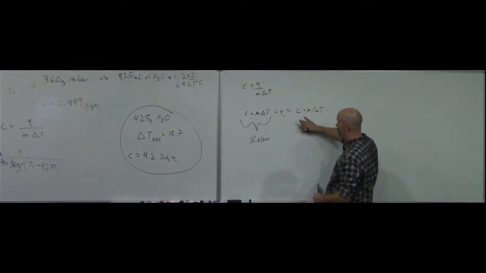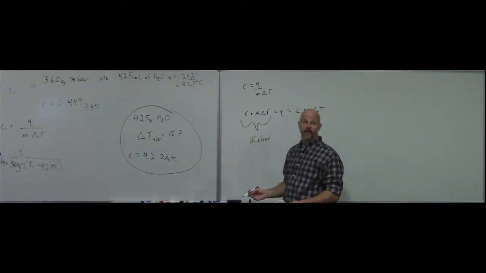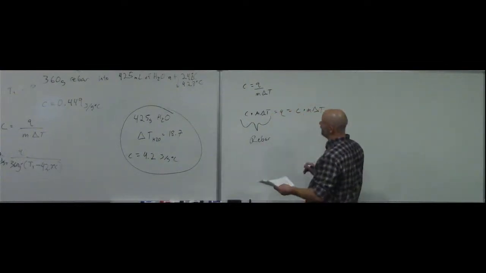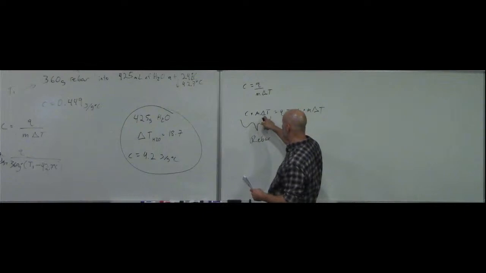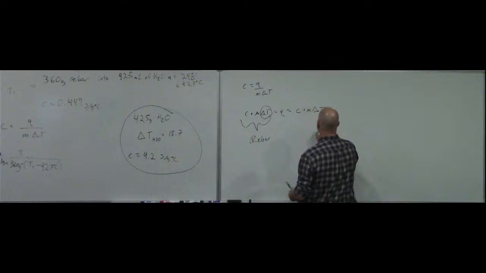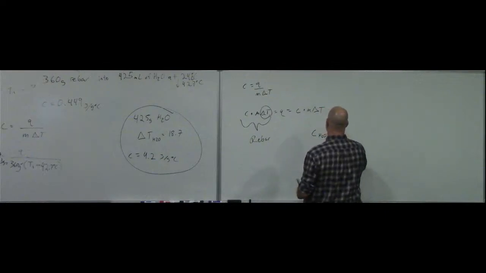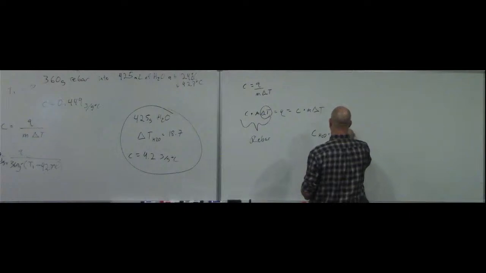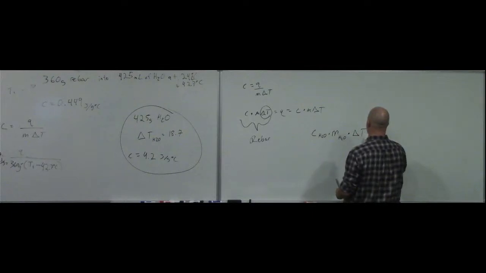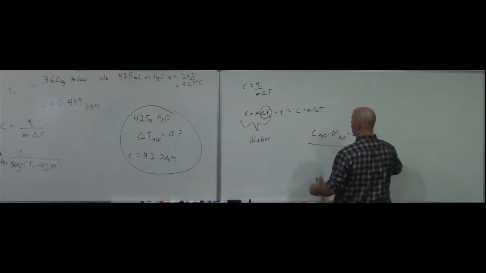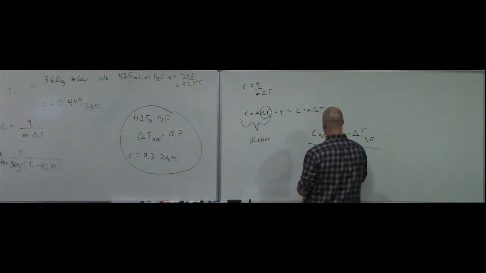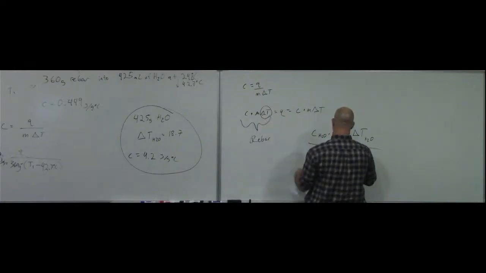Now I can solve it for water and plug back in, but I'm likely to make some mistakes by entering and re-entering all this stuff. What I want to solve for is this, so I can go C of H2O times mass of H2O times delta T of H2O, over, solving for delta T here, the C of the iron times the mass of the iron.